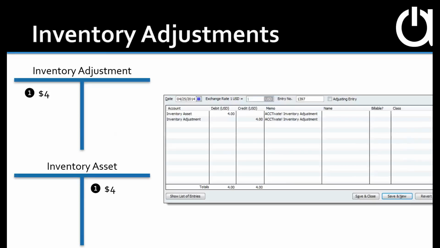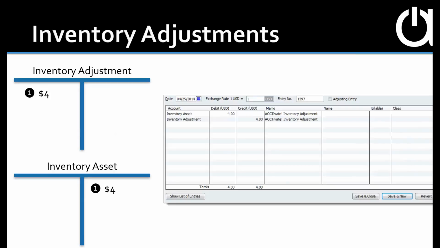I would change it from 100 to 200, and I can change the balance to $2. At the back end of that transaction, it's going to debit my inventory for the increase of $300, because originally I had 100 at $1. So now I'm saying I've got 200 that are worth $400. So it's going to debit my inventory and credit inventory adjustment for that $400.